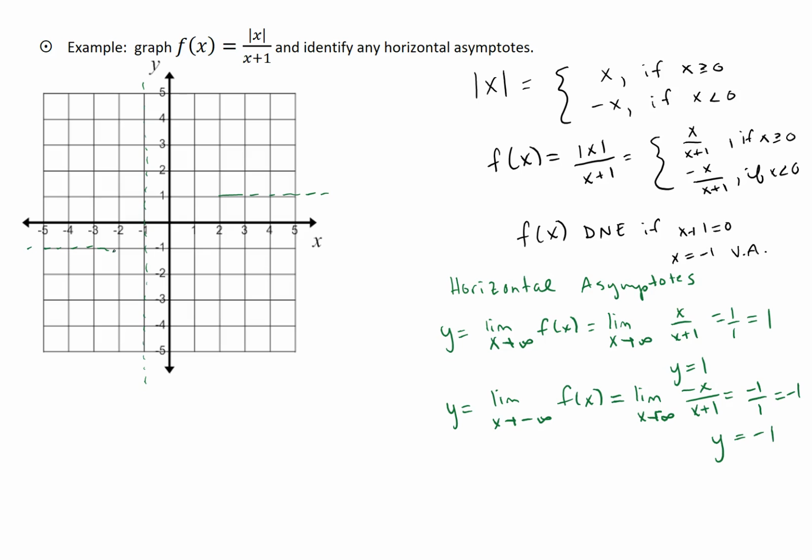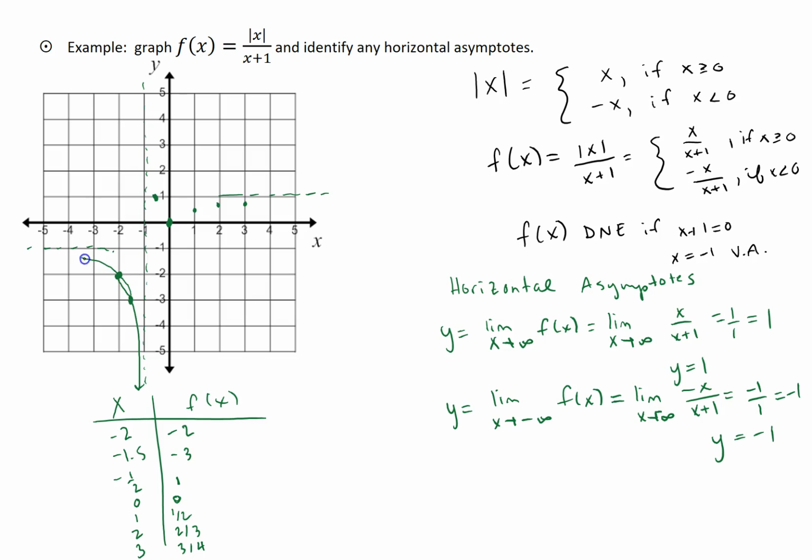We do need to figure out some extra points, so I'm just going to plug in a few points into my equation. You can see that I've just plugged some x values in and found the y value that goes with them, and I've plotted them on the graph. At this point we want to follow the pattern. It looks like this one is going down to the right towards the asymptote and up towards this asymptote right here.